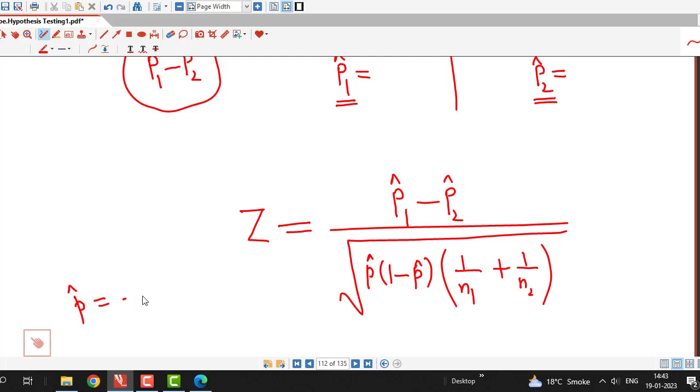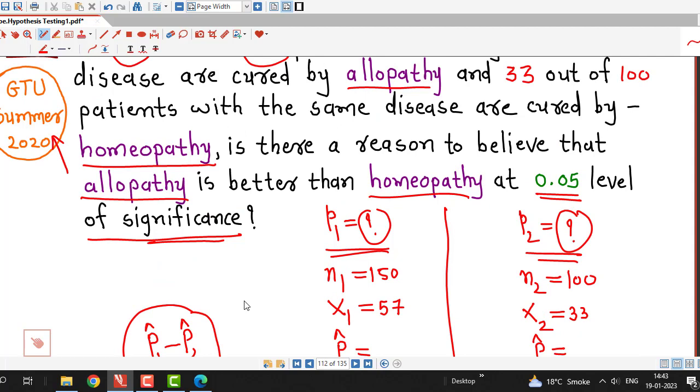It is the estimator of common parameter, which is x1 plus x2 divided by n1 plus n2. And here we have to decide that allopathy is better than homeopathy at 0.05 level of significance.